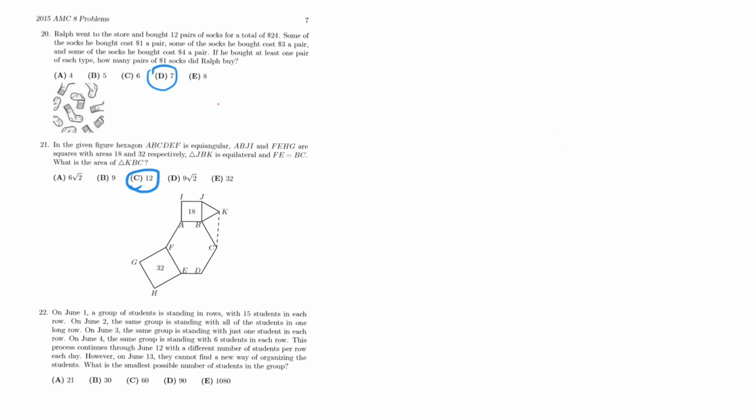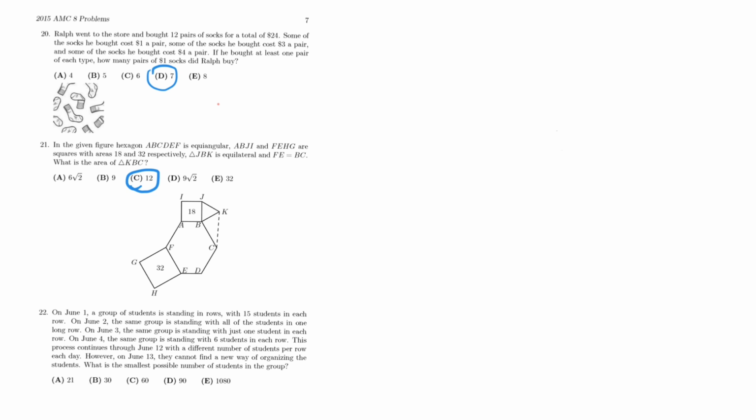Number 22. On June 1, a group of students is standing in rows with 15 students in each row. On June 2, the same group is standing with all of the students in one long row. On June 3, the same group is standing with just one student in each row.